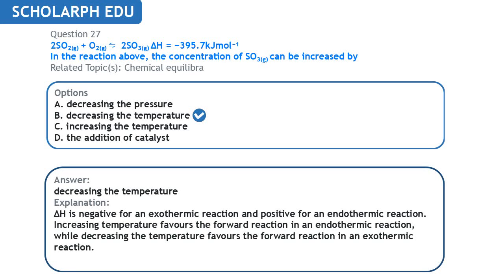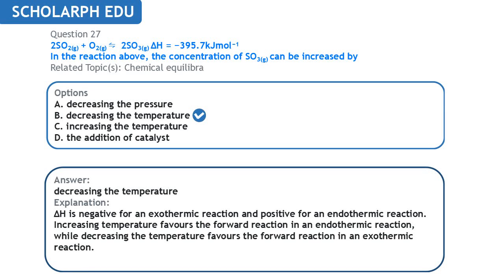For an exothermic reaction, a decrease in temperature will favor the forward reaction. It means that more of this will be produced, or the concentration of what you have on this side is going to increase, while an increase in temperature is going to favor the backward reaction. This is the case with an exothermic reaction.